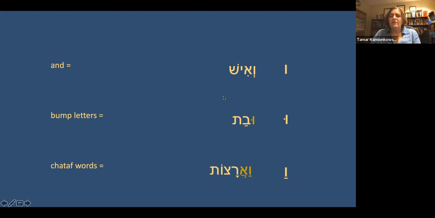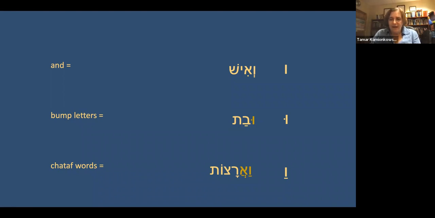There are a few letters of the Hebrew alphabet that require a little bit of a modification of how we pronounce that first element. So I like to call the bump letters bet, mem, and pay, b, m, and p, are easier to pronounce if you start the word instead of saying vi bat to say u bat.